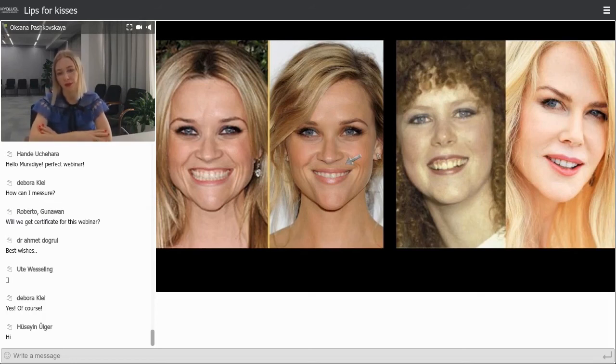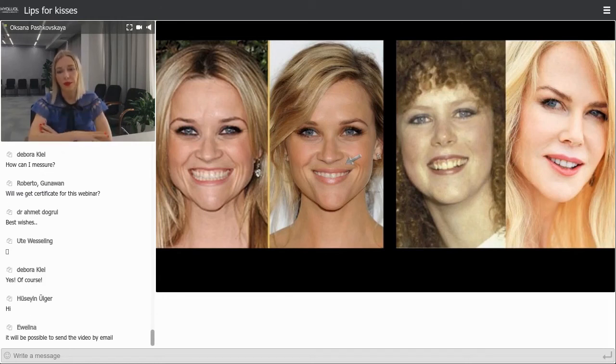And how could it be fixed? First, one of the methods is using botulinum toxin. We just inject the musculus levator labii superioris alaeque nasi, and we prevent the forceful lifting of the upper lip. How could we do that?